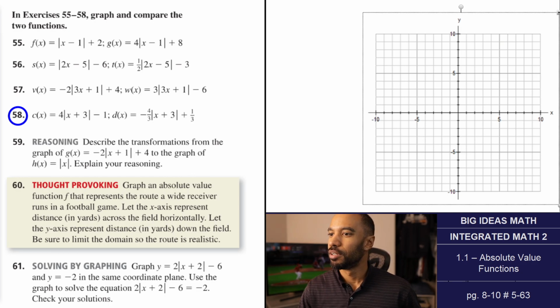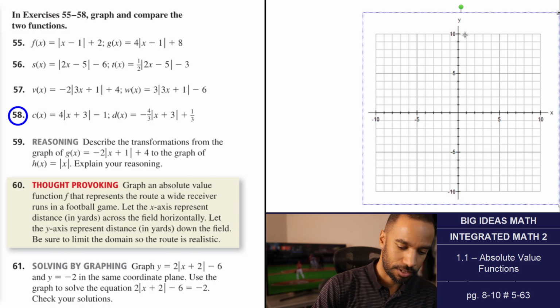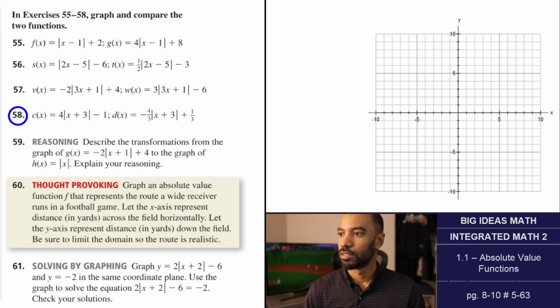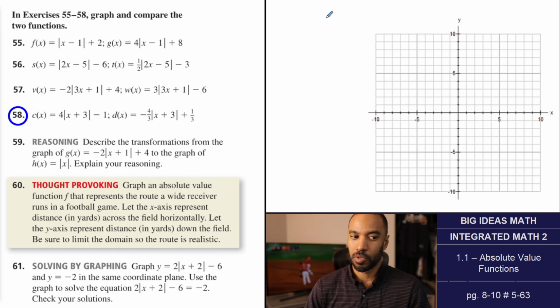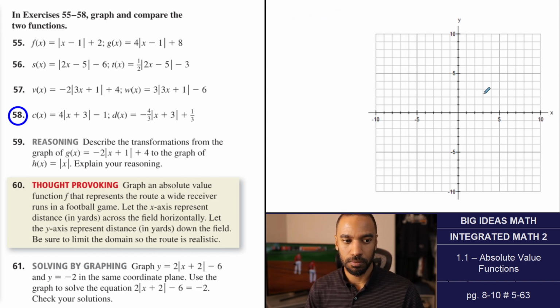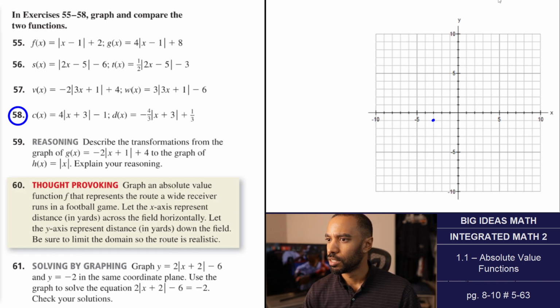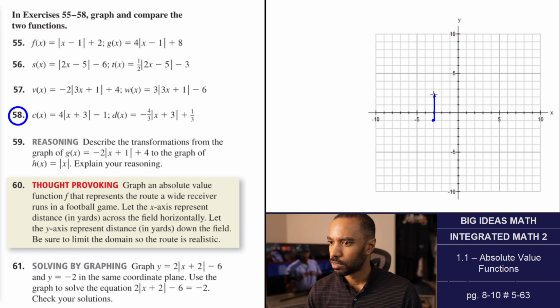Okay, number 58. All right, c of x. It's standard as far as, probably don't need to write it. Left 3, down 1, or -3, -1 is the vertex, and then up 4 over 1 for the graph. Kind of like that.